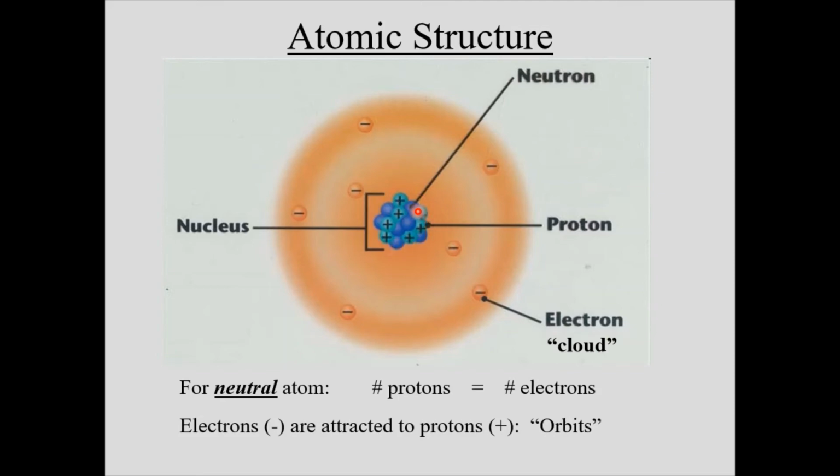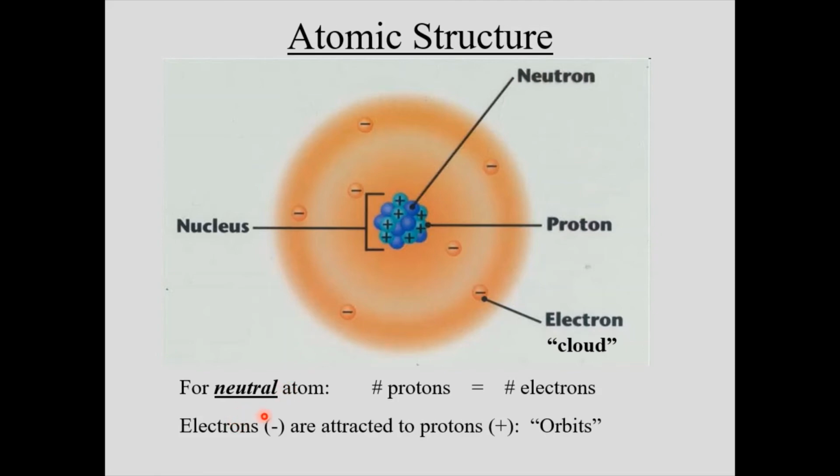Around this nucleus is a cloud of negatively charged electrons. You can think of these electrons as just swarming around, or you can think of them as orbiting around the nucleus. That's not precisely correct, but it gives us a nice picture to at least get a simple understanding of how to think about what an atom actually looks like or how it's built.